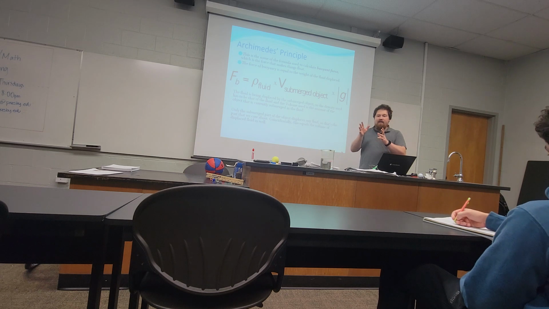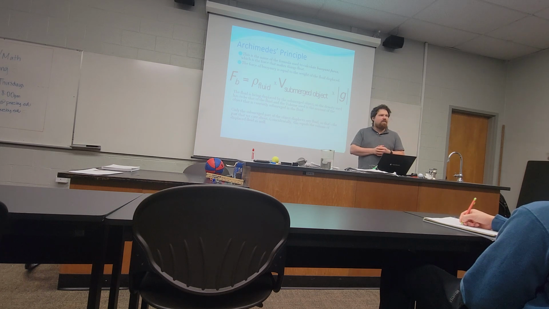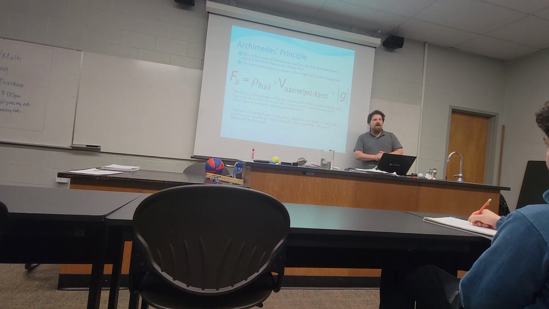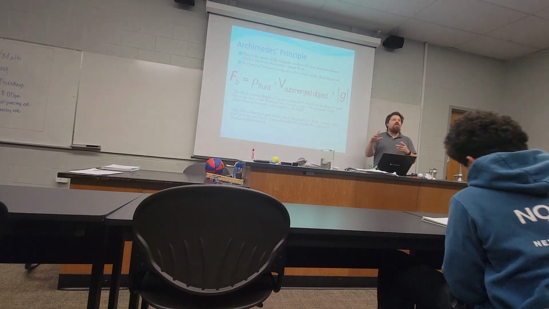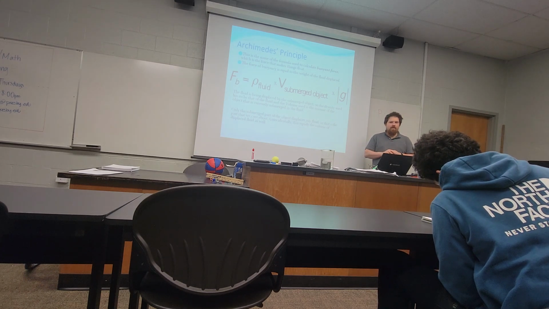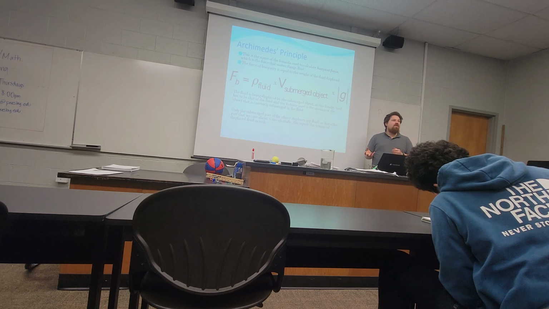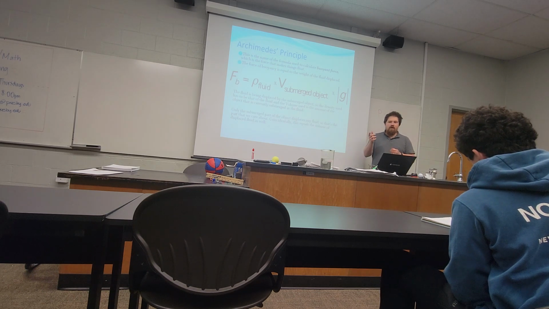But when we added the iron weight, the water level increased. Now, is there more water in the beaker? No. So the water level increasing is not because more water has come out of nowhere. It's just because I've added more volume in general to the beaker. When I placed that iron weight in there, I added the volume of the iron weight to the beaker.